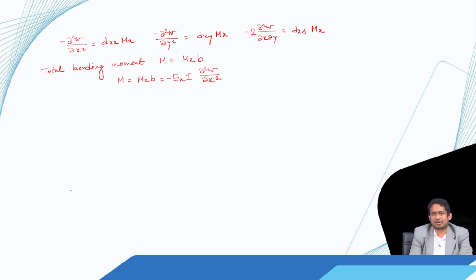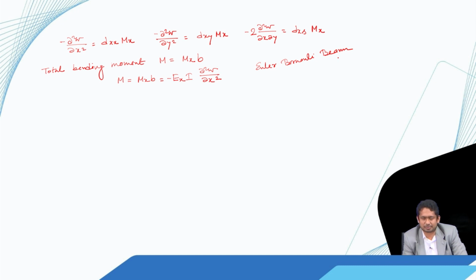Again, these are all Euler-Bernoulli beams, that means there is no shear deformation. That is why we are using the equations that we got from the classical laminate theory, because that also assumes no shear deformation.